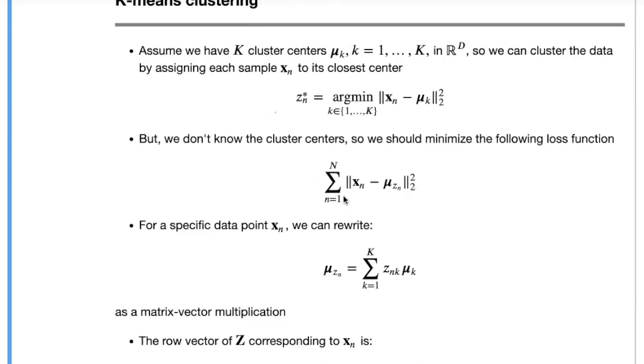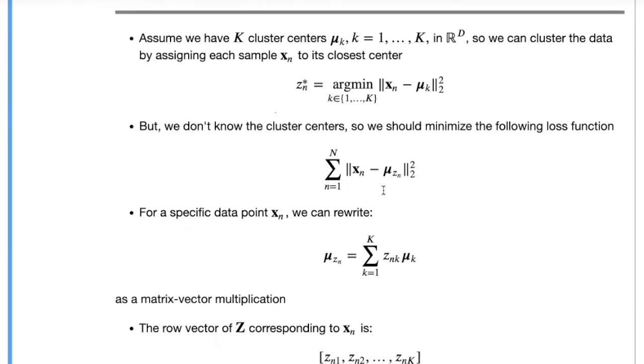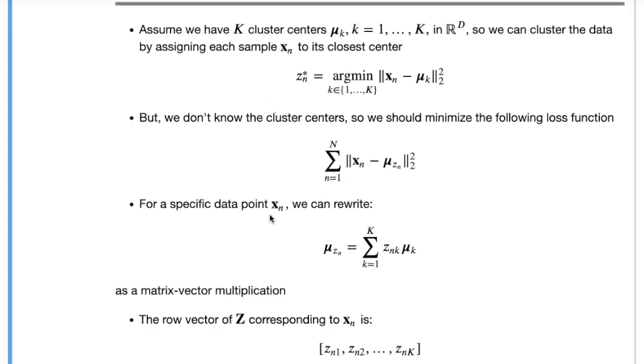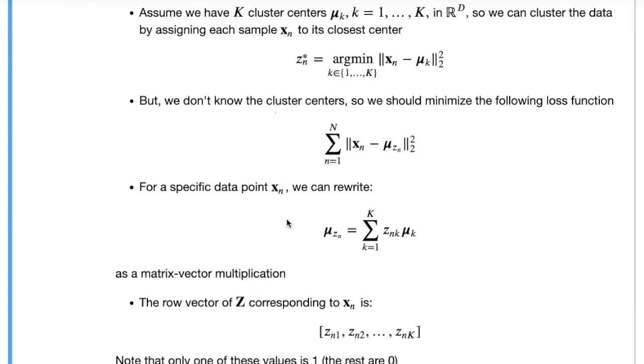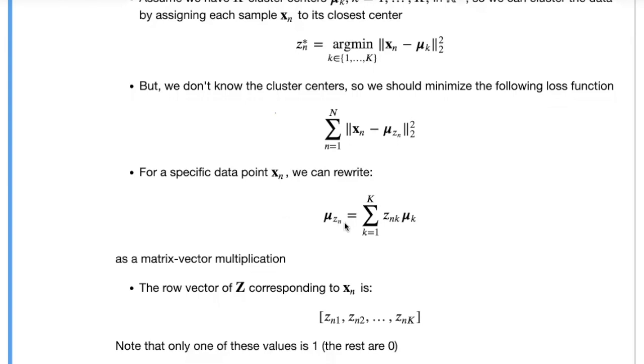Okay, so this is great, but the problem is that we do not have these mu's. So we have to be able to cast this as an optimization problem. Think about it this way. For each x_n, each data point that we have, we can write this cluster center or representative as the summation over all mu_k, all the cluster centers, where we have the z_nk.